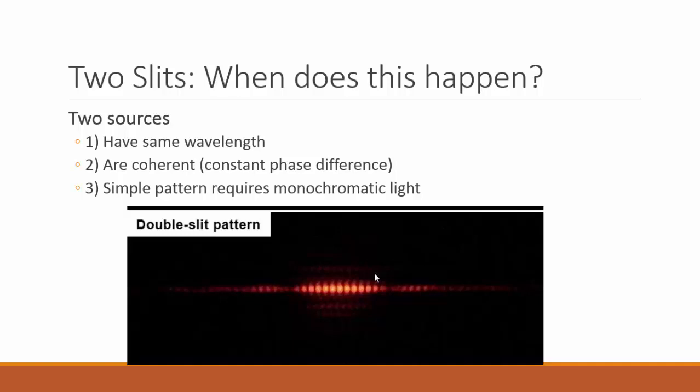Now, the other thing is that it has to be coherent. What that means is that the light wave fronts that pass through each of those slits have to be in sync with each other. So that means you're the equivalent of bobbing those balloons up and down at the same time in the water. In real life, what you sometimes find is that the relative timing of those two sources varies over time.